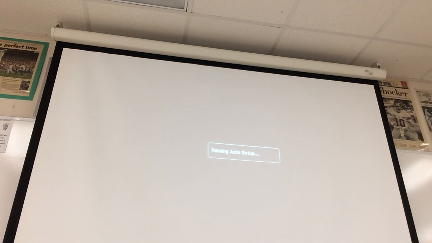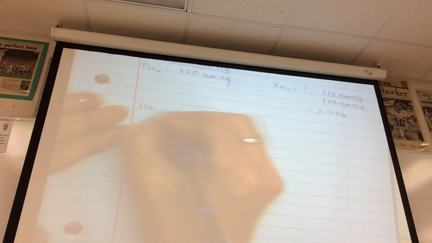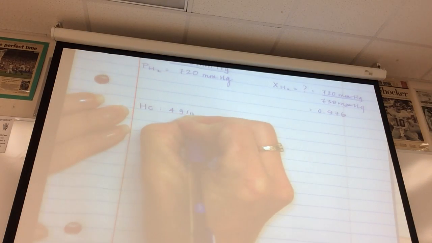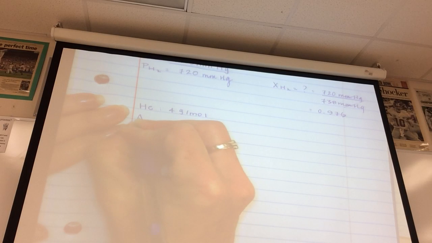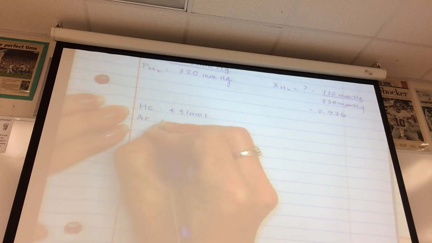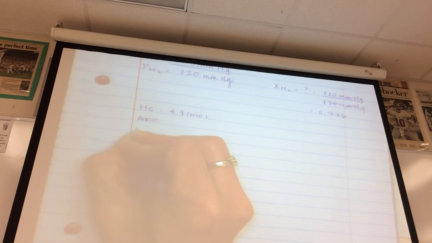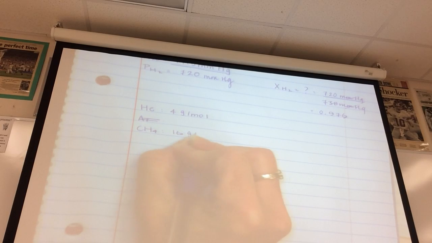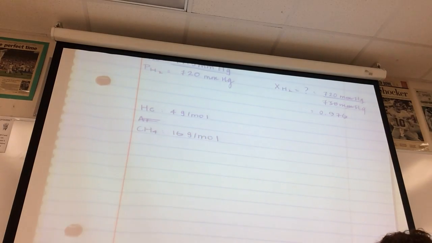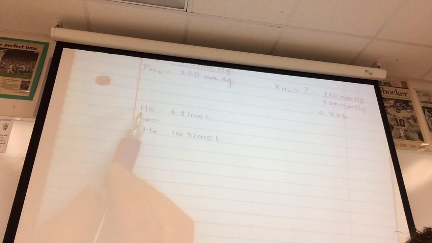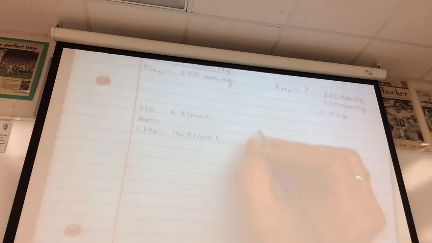The only other piece I want to mention, I'll give you an easier example to do in your head. Let's say you had helium, which has a molar mass of 4 grams per mole, and, let's not use argon, let's use methane at 16 grams per mole. Which one effuses faster? Helium. How much faster?